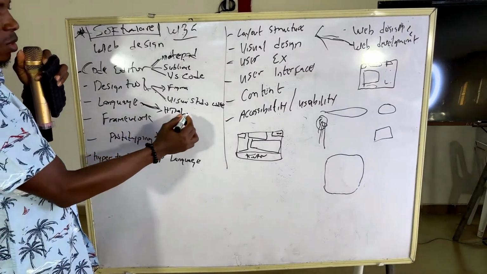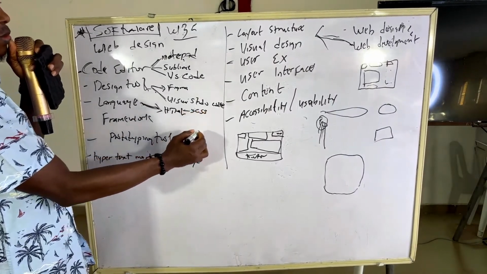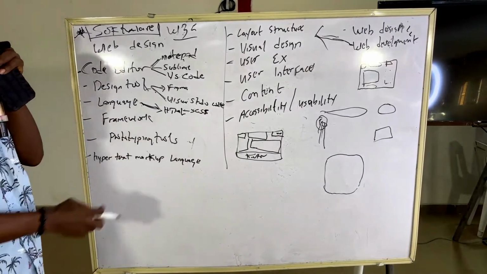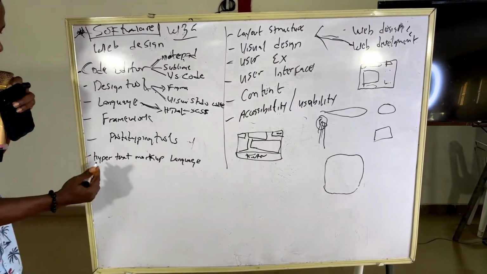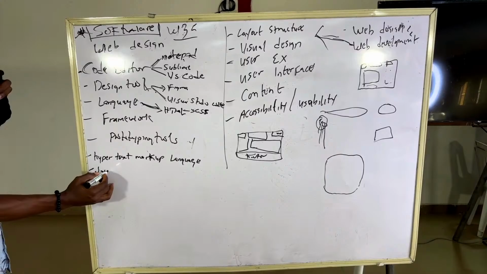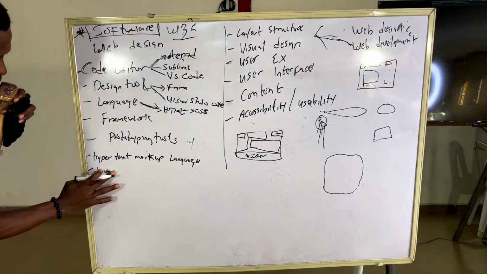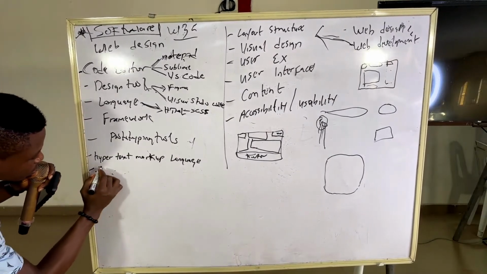Then we have another one, it's CSS. You can't really say it's a language, but you can still say it's a language. This one is a cascading style sheet. We'll still get to that. Then another language that I can talk about is JavaScript. Don't mind my writing.